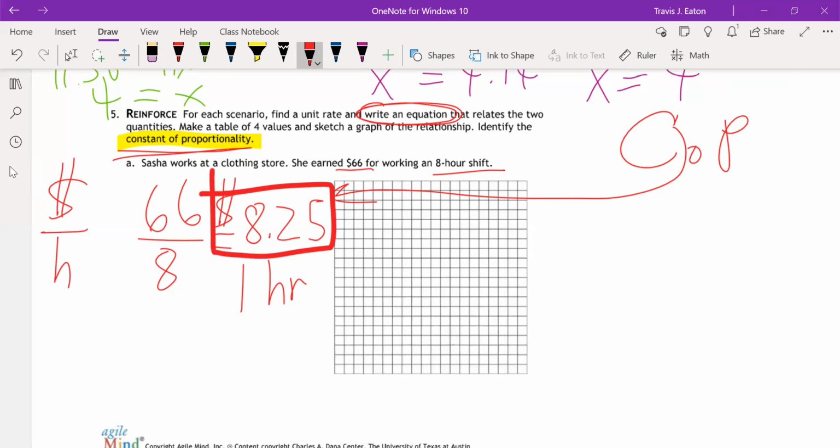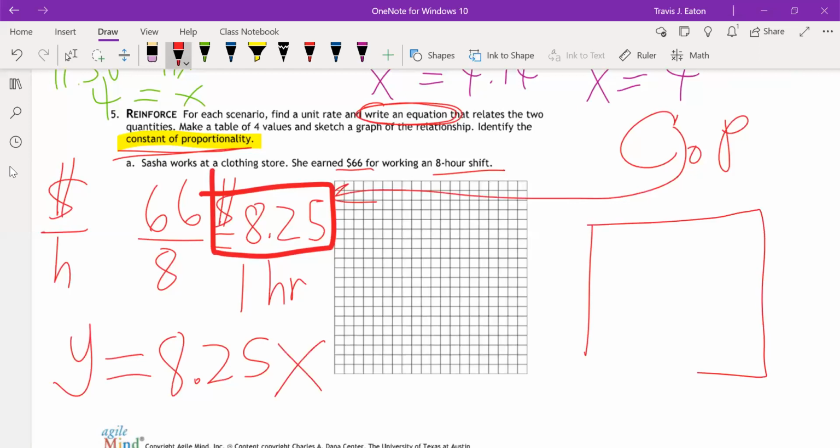Now, if I wanted to write this as an equation, well, then my equation would be the amount of money that she makes is equal to $8.25 multiplied by the number of hours that she works. So if I wanted to make a table of this information, it would be easy enough to do.